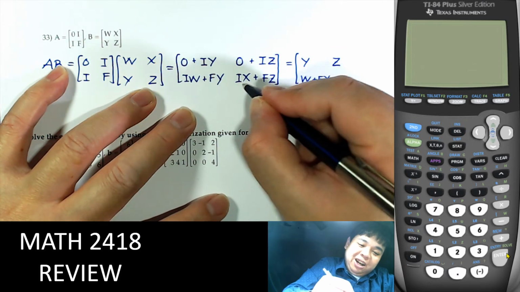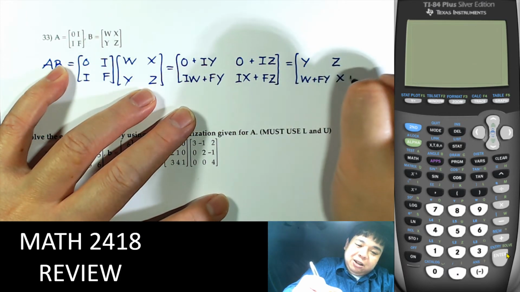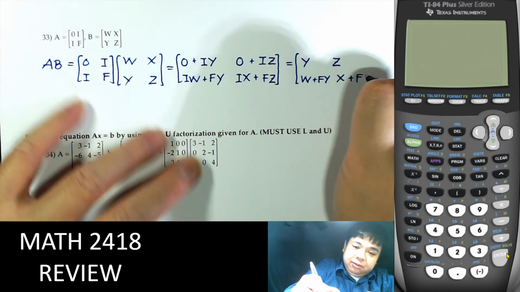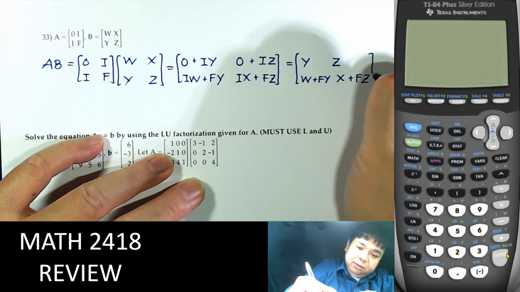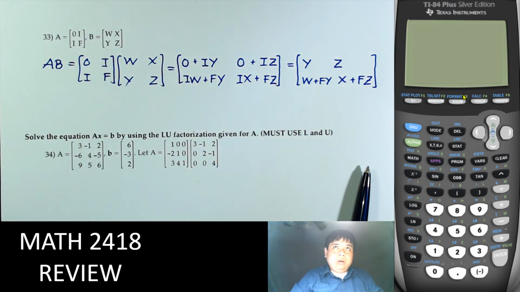And then I times X is X plus FZ. Yeah, so we just have that.